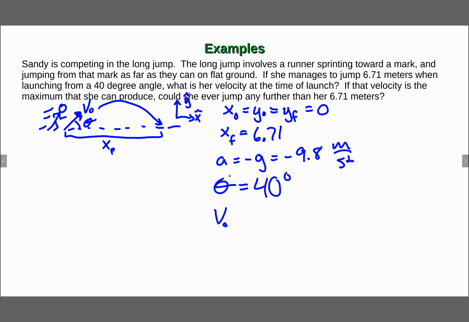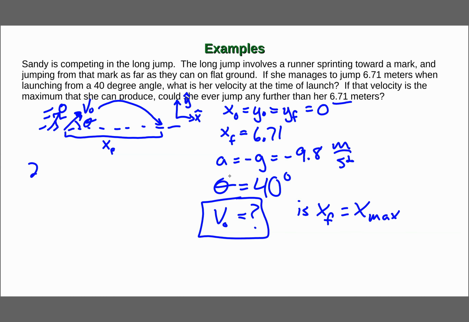And then the second question is, could she ever jump any further than 6.71 meters? So is xf equal to x max? This is 2D kinematics, so we're going to solve it with the kinematic equations.